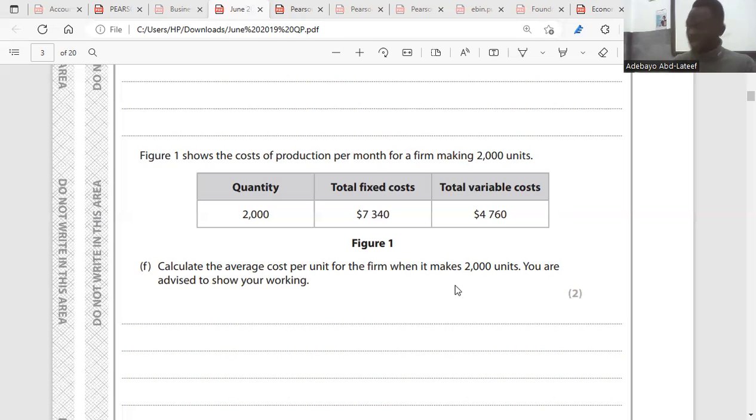So to get the unit cost, you need to find the total. To get the total, it is your fixed plus your variable. Your fixed is 7,340, your variable is 4,760. You add them together, it gives you 12,100. That is your total cost. Then you divide by the output, which is 2,000. Then you get each unit, 6.05. Thank you. Is it clear, please? Yes. You move on.